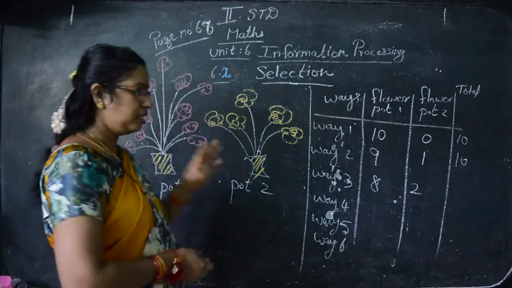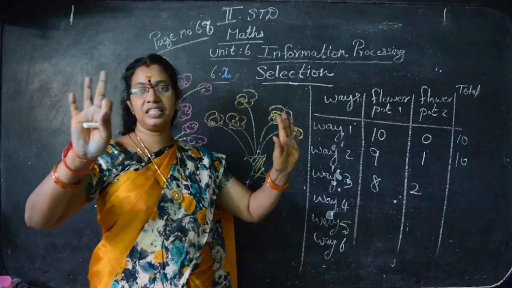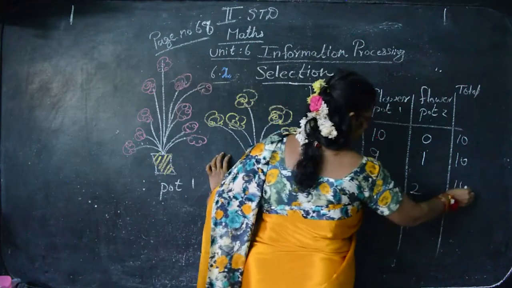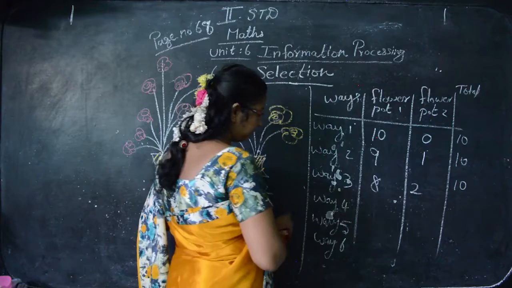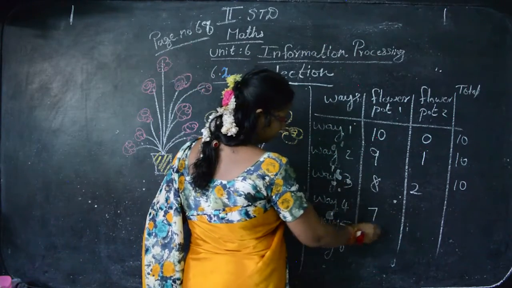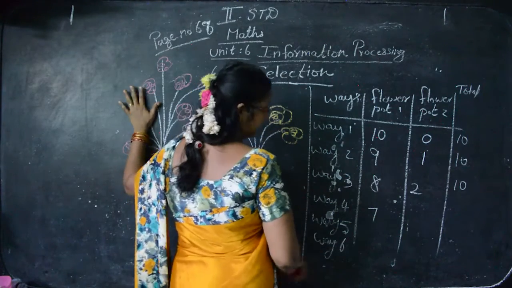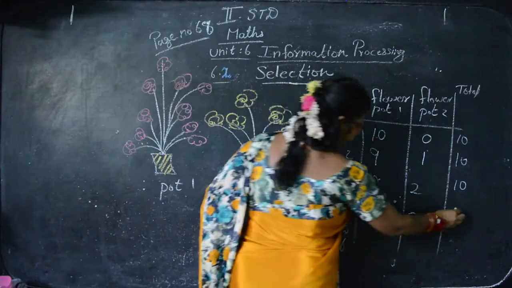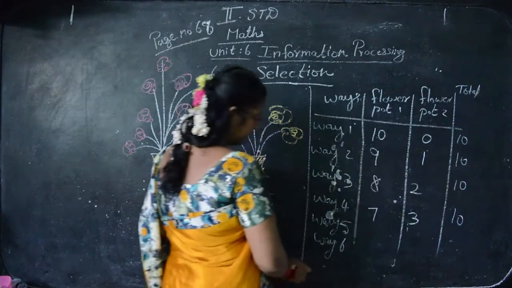Then 8 fingers, take 8 fingers, then 2, 10 we are getting. See here, in another way, 7 red flowers, then 3 yellow color, then 10 we are getting. Okay.